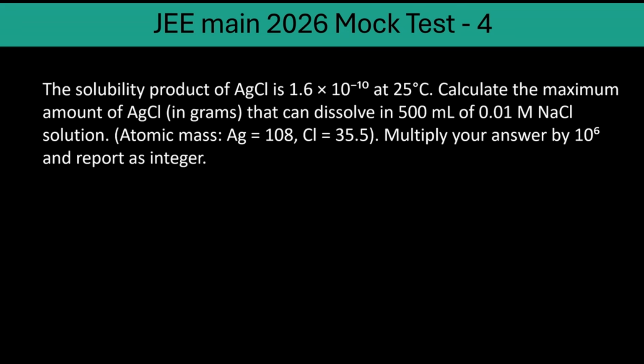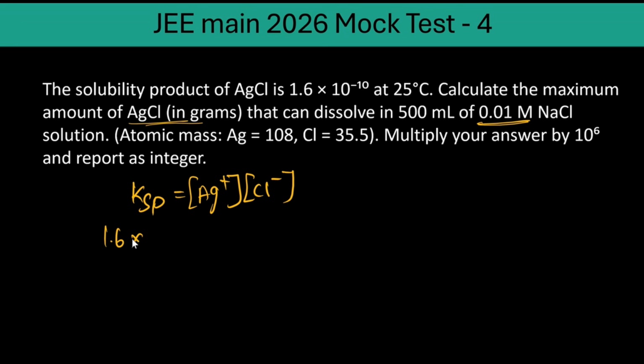The solubility product of AgCl is 1.6 into 10 to the power minus 10 at 25 degrees Celsius. Calculate the maximum amount of AgCl that can dissolve in 500 ml of 0.1 molar NaCl solution. So Ksp for AgCl is [Ag+][Cl-], correct? The Ksp value is given as 1.6 into 10 to the power minus 10 equal to [Ag+][Cl-].